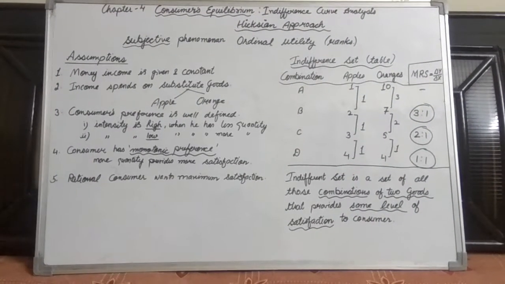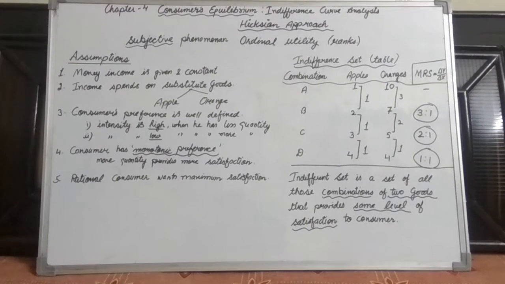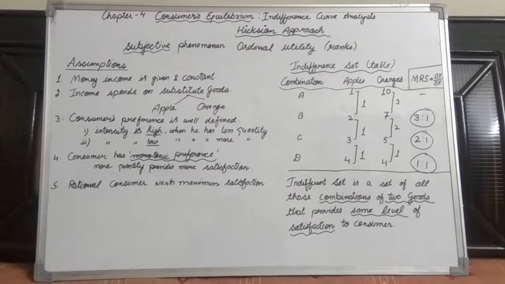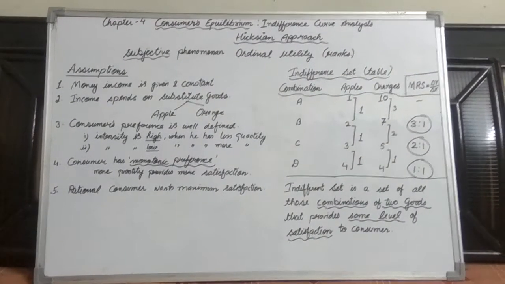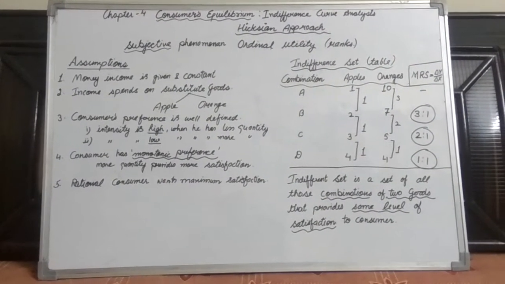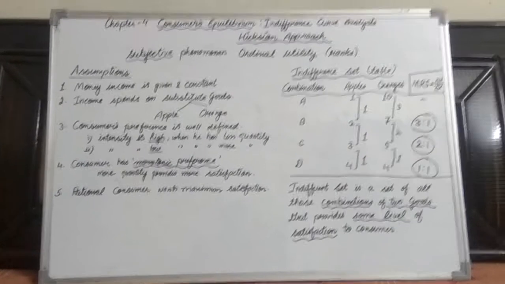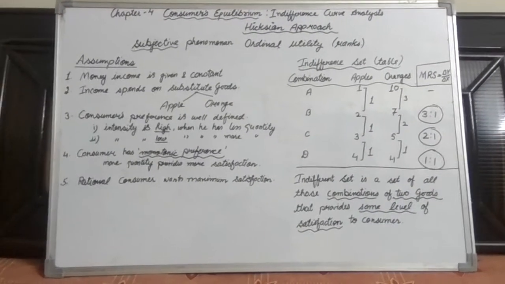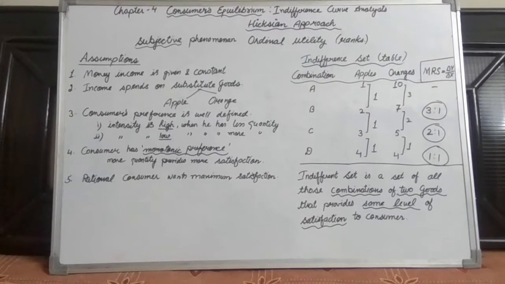Fourth is the consumer has monotonic preference. It explains that more quantity of goods and services provides more satisfaction to the consumer. As we know, the consumer is a greedy agent that wants to maximize his satisfaction by spending a smaller amount of money.